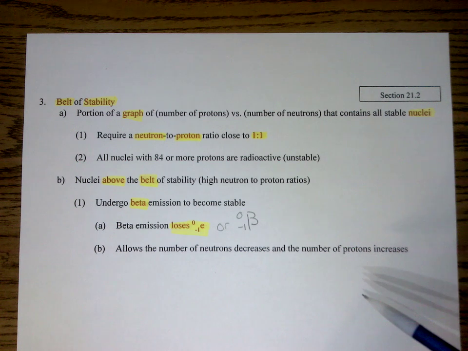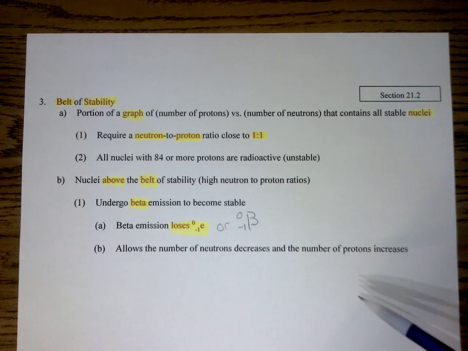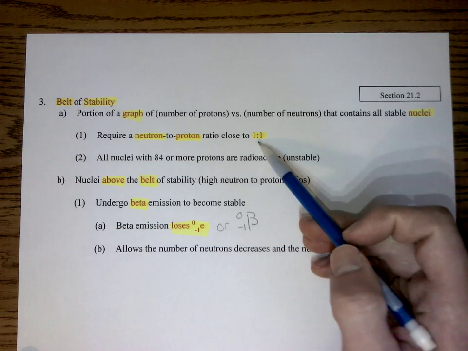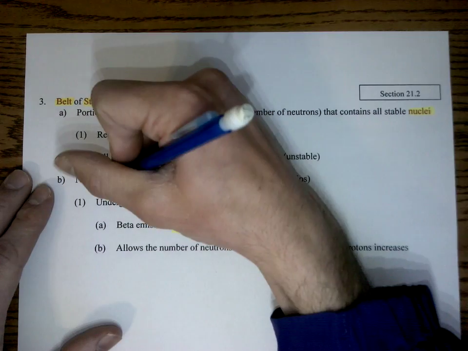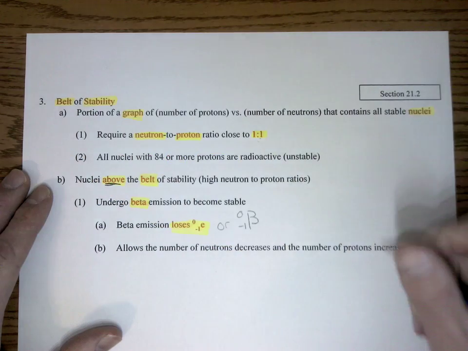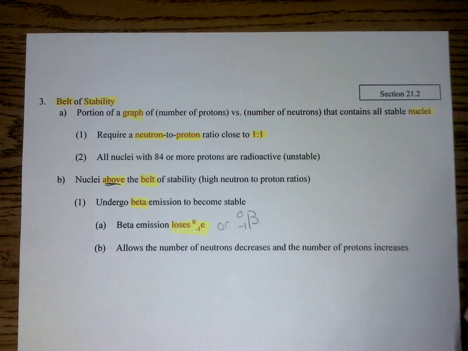You're trying to get as close to that 1-to-1 ratio as possible. Again, this is going to be above the belt of stability, and we'll see that here in just a second.